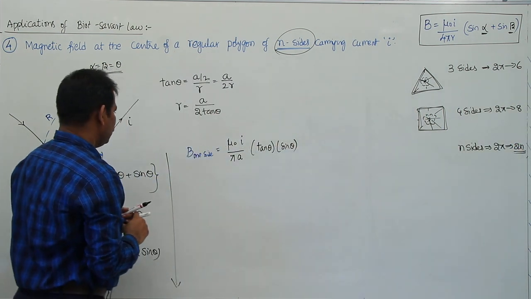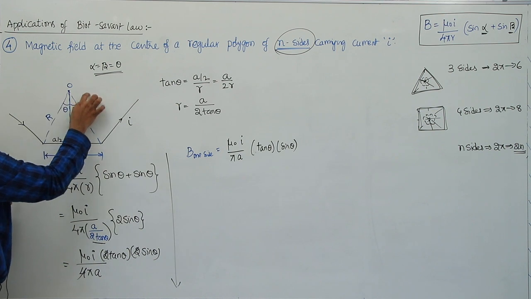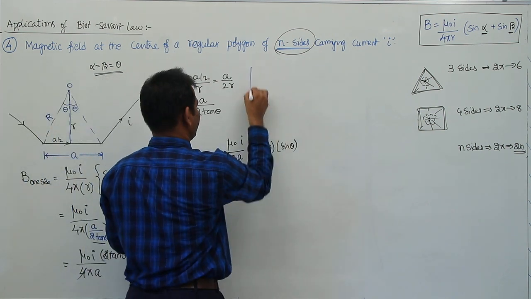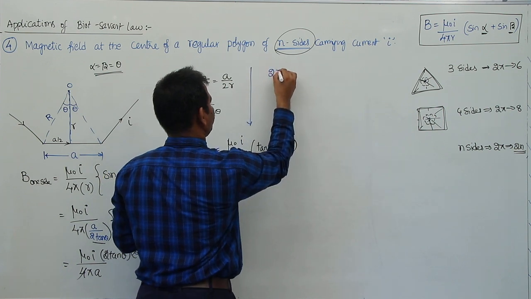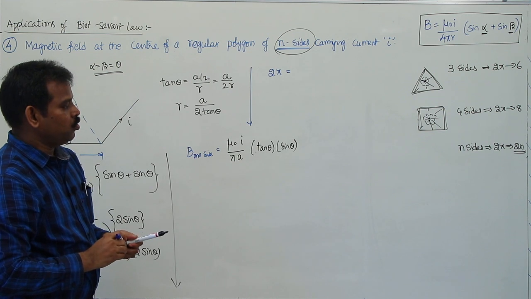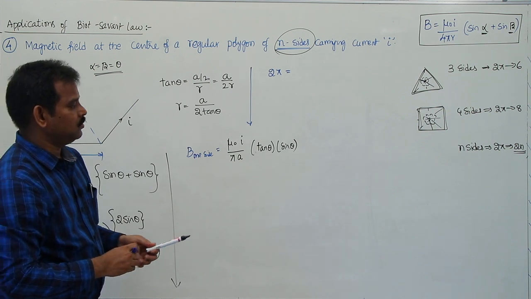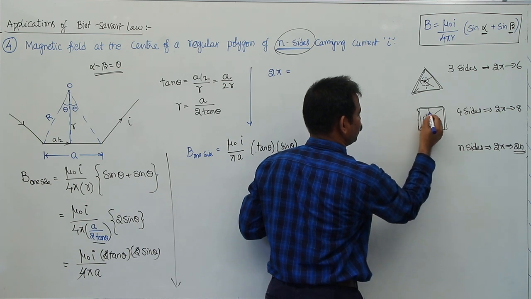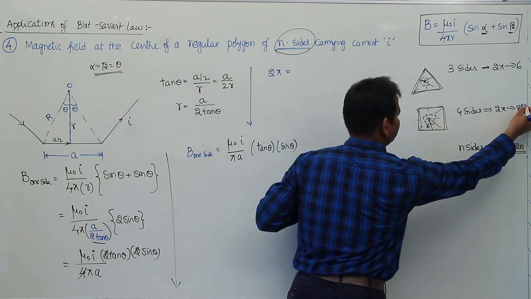So the total angle described at the center is 2 pi radians. Here I am going to write 2 pi radians is divided into 2n times that each angle. So let us say if it is theta 1, 2, 3, 4, 5, 6, 7, 8, this will become 8 theta.